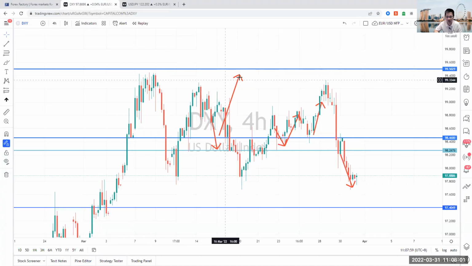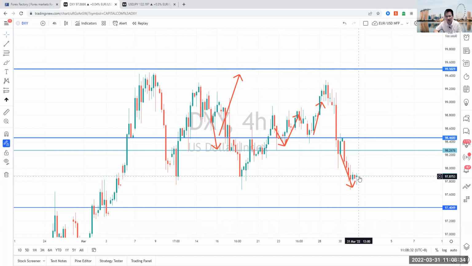But first, looking at the dollar index. We spoke about yesterday that if it broke below the 98.27 level, we could see it drop towards 97.87, and if it closed significantly below that point, we could see it head towards 97.40. What happened was it came down towards 97.87, and it's sitting across there right now.